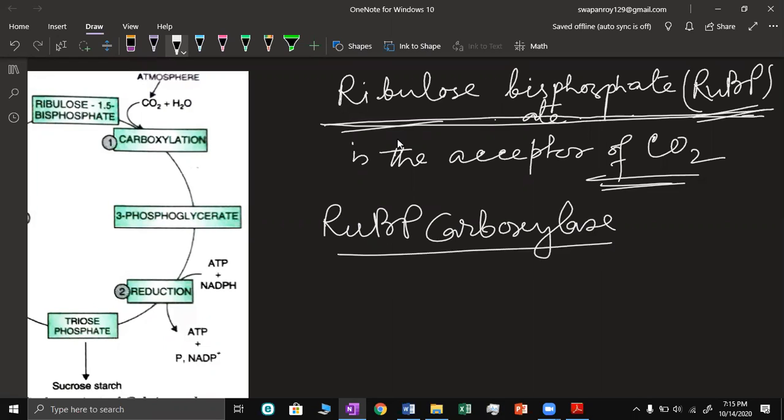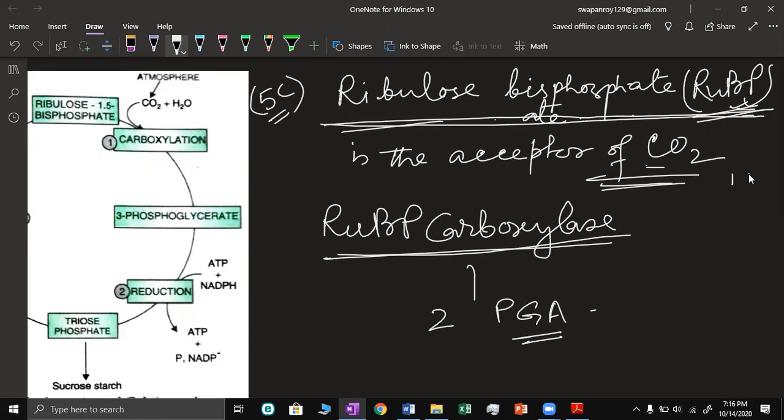So RUBP accepts carbon dioxide in presence of RUBP carboxylase to produce two molecules of PGA, phosphoglyceric acid. RUBP is a 5 carbon compound, and carbon dioxide is a 1 carbon compound.